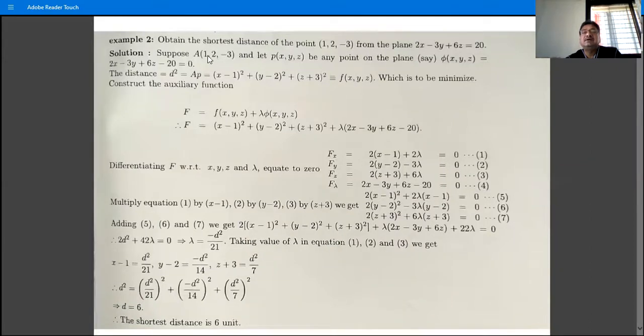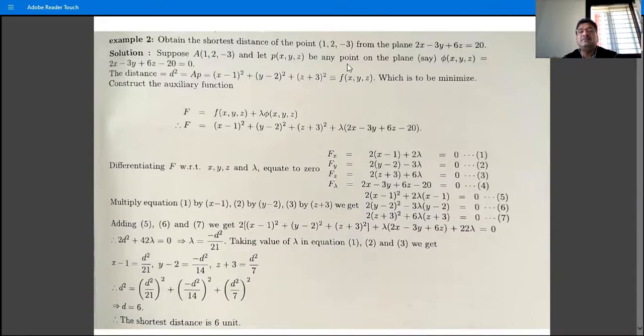Then the distance of the point (x, y, z) from this point (1, 2, -3) is d equals root of (x minus 1) square, (y minus 2) square plus (z plus 3) square. Here z minus 3 becomes plus 3, bracket square. Actually d is a root, but d square is then, taking the square of both sides, this is f(x, y, z), which is to be minimized.